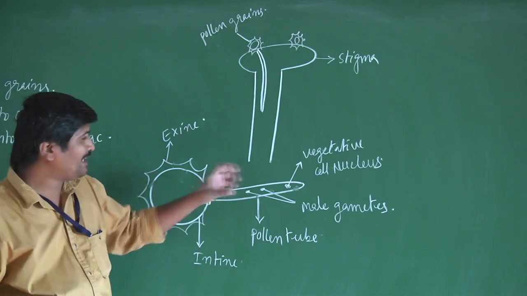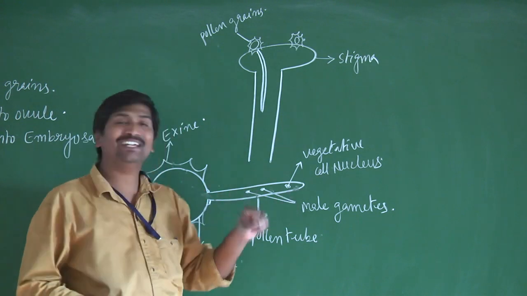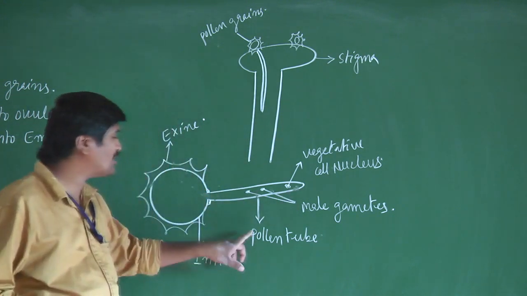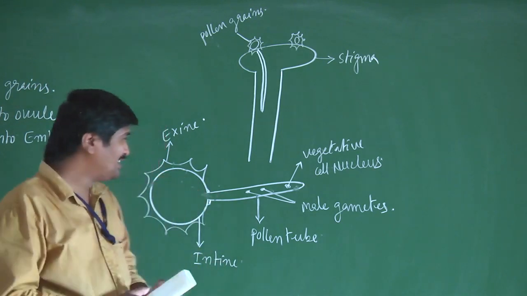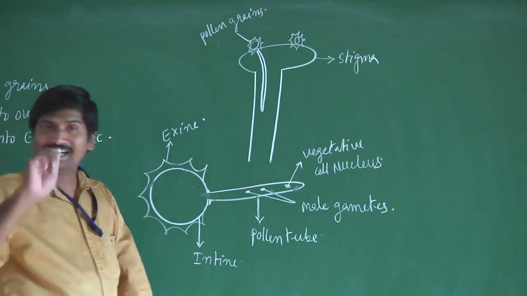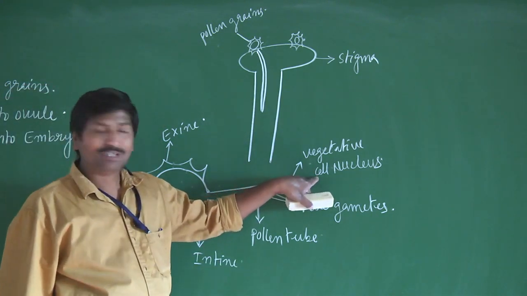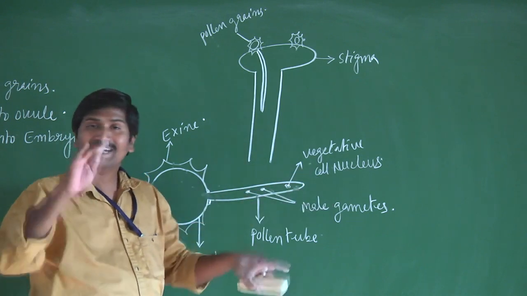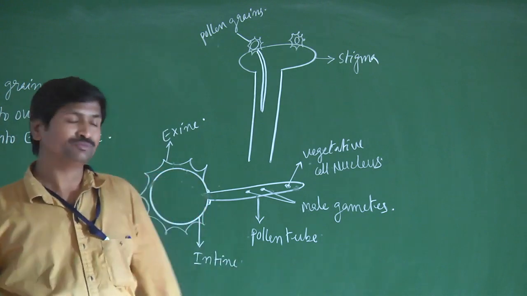Some scientists believe that the vegetative cell nucleus is only initially located in the terminal part of the pollen tube. Different opinions are there. See here, the two male gametes are developed from the generative cell. This is the vegetative cell nucleus located in the terminal part of the pollen tube.